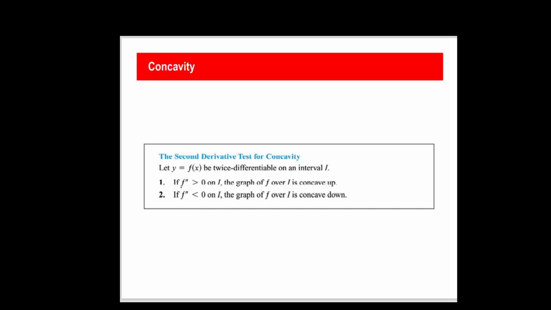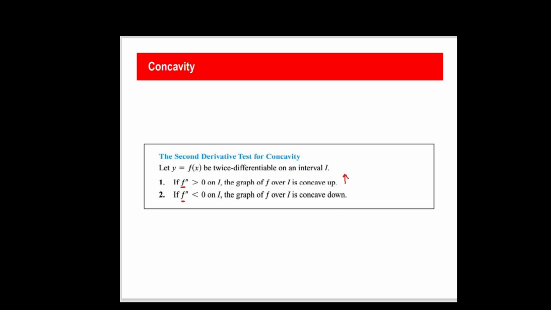See here, we focus on f double prime, the second derivative. Let y = f(x) be twice differentiable on an interval I that we spoke about just now. If f double prime is positive, greater than 0, on that interval, the graph of f over I is concave up.